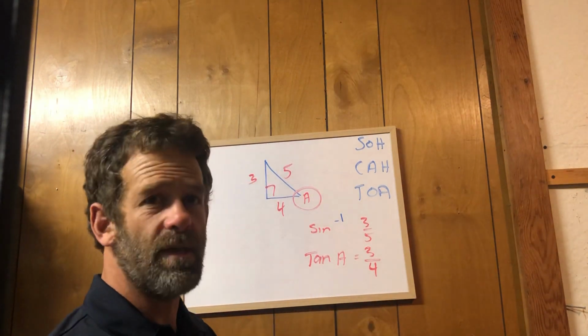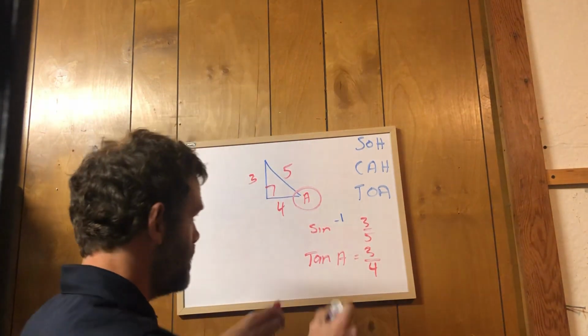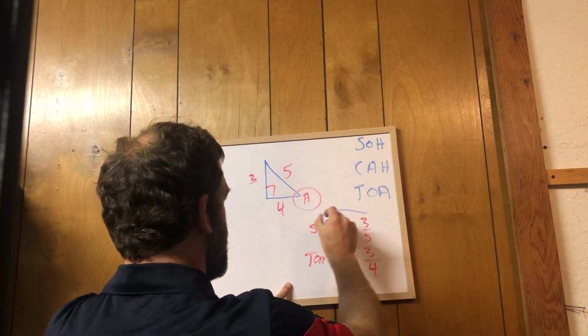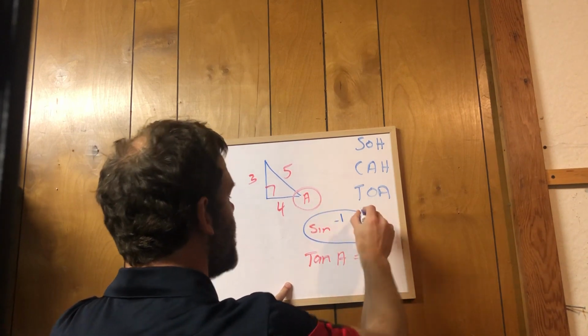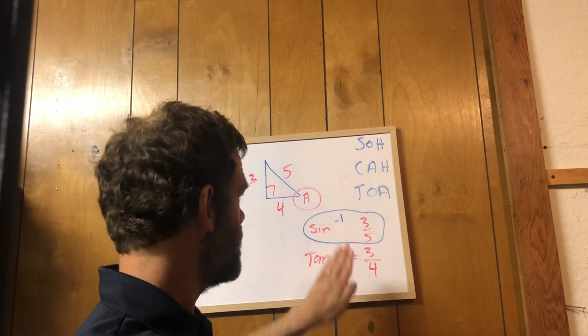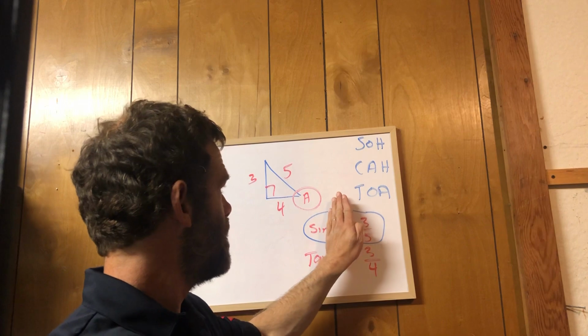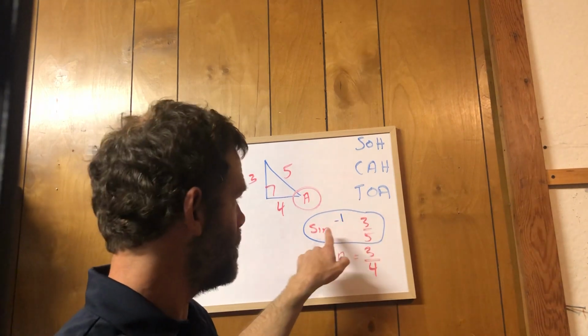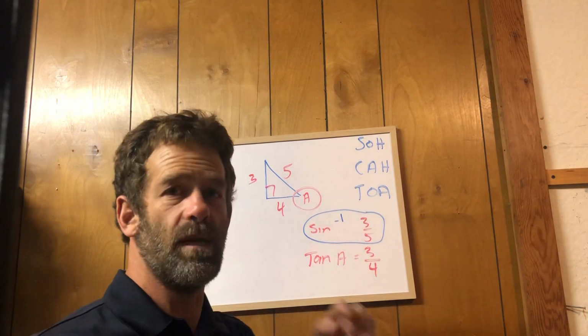So on your calculator, you're going to do sine inverse of 3 divided by 5. Remember before, when I said find sine of 3/5, you did sine 3 divided by 5, press equals.